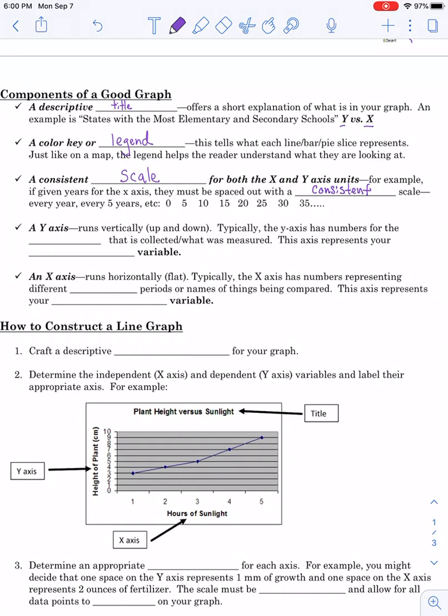I can't tell you how many students are not consistent with scale. And if you have an inconsistent scale, it totally throws off what the graph looks like and what it's trying to show.